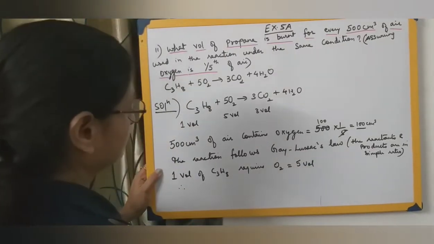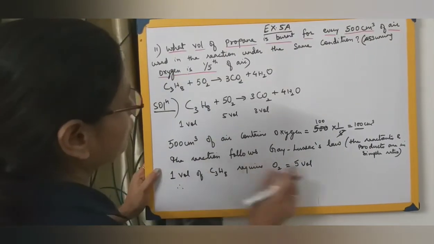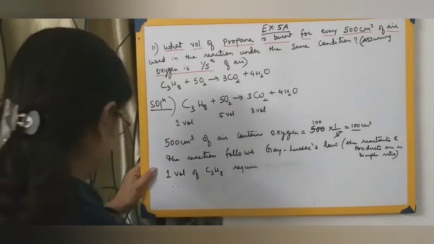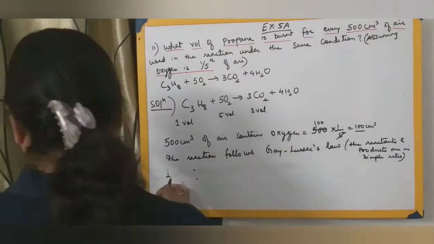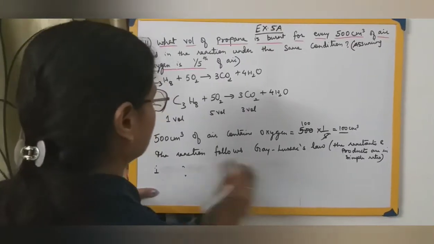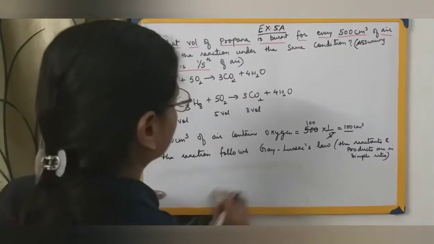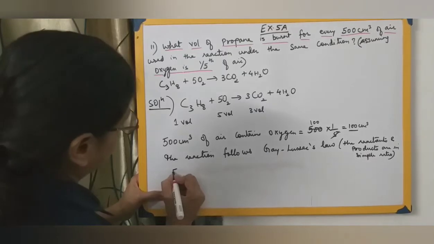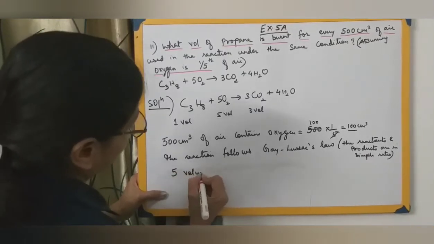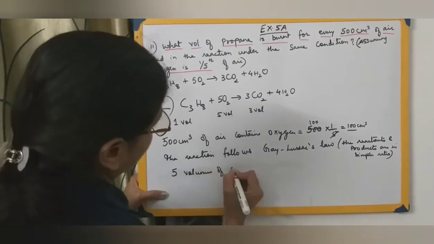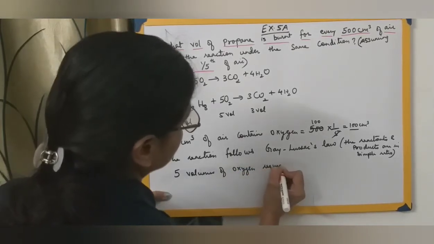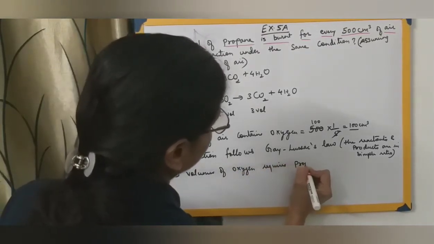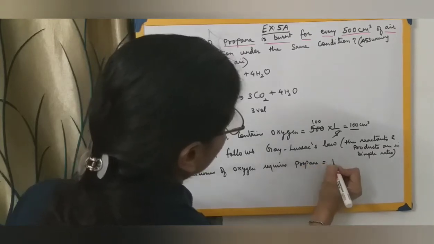Therefore, no, sorry, I made a mistake. 5 volumes of oxygen requires propane equals 1 volume.